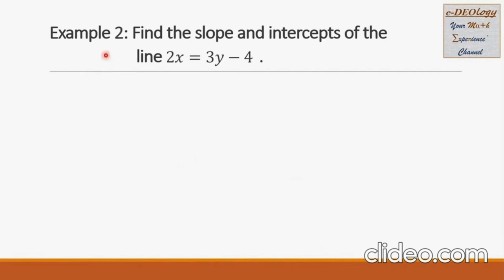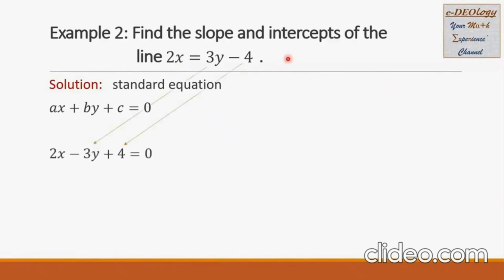Let's have example 2. Find the slope and intercepts of the line 2x equals 3y minus 4. Let us write the standard equation here. We can observe that the given line here is not in standard form. So we will convert this into standard form first.